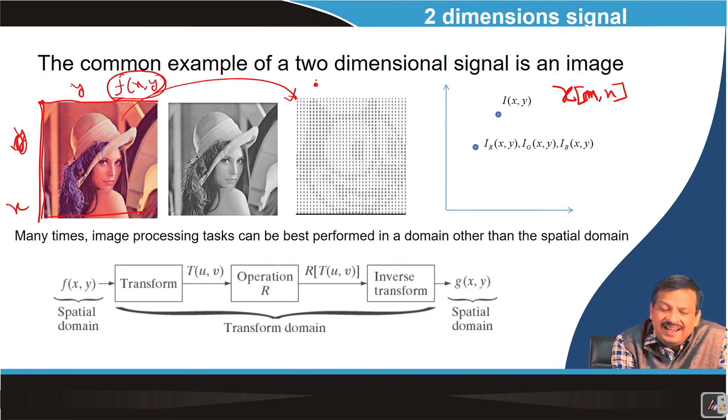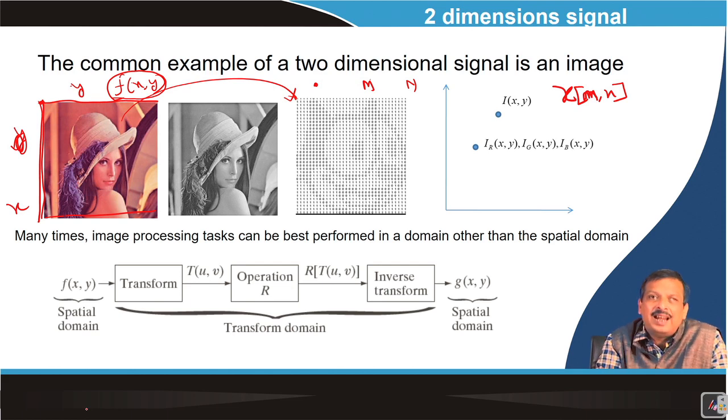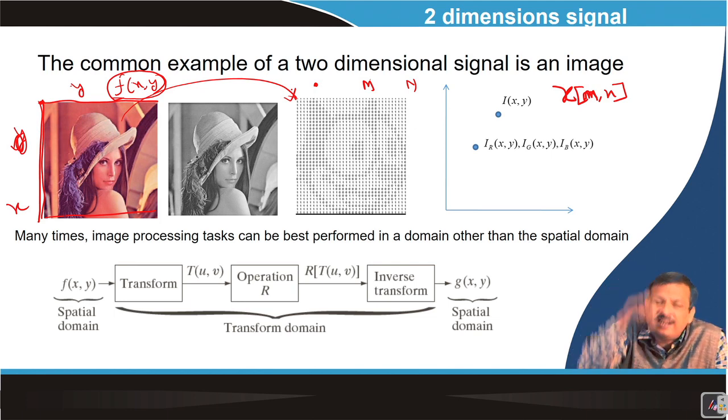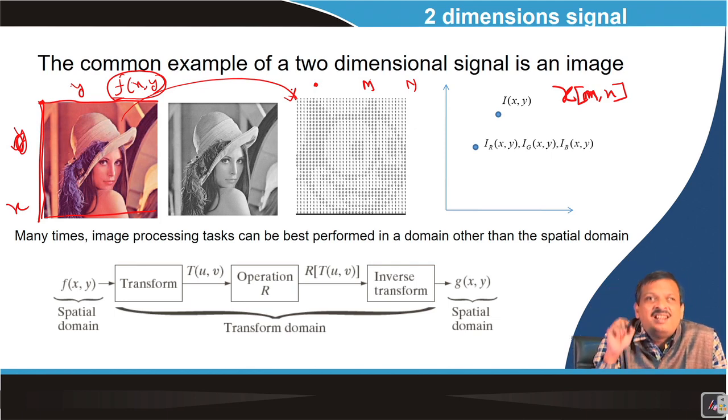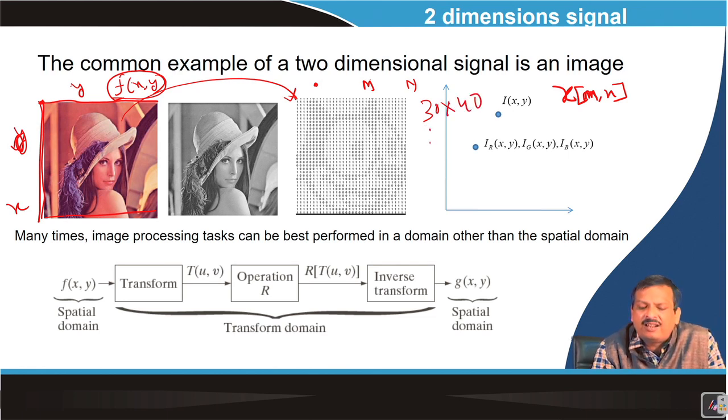Let us say in the x axis I have discretized and taken m number of samples, and in the y axis I have taken n number of samples. So, a pixel is a signal, and pixels vary along the x and y dimensions. I discretize the x and y dimensions. If I take an image of, let's say, 30 by 40 pixels, then in the x dimension I have 30 pixels and in the y dimension I have 40 pixels.